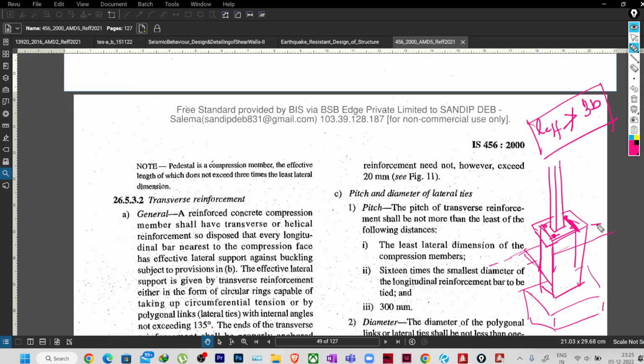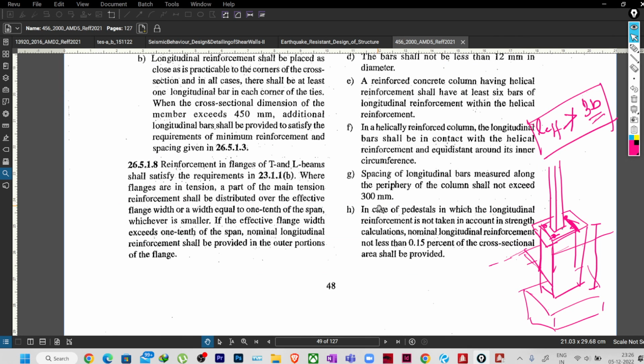Whenever you are designing the pedestal, it is the same column design process, but how we define the pedestal is that L effective should not be greater than 3 times the least dimension of the column. That's why I have written 3B. In such cases this particular clause is applicable, that in case of pedestals in which the longitudinal reinforcement is not taken into account in strength calculation.